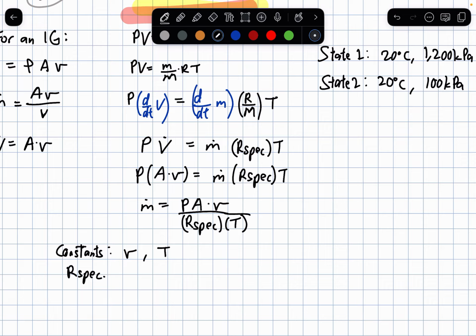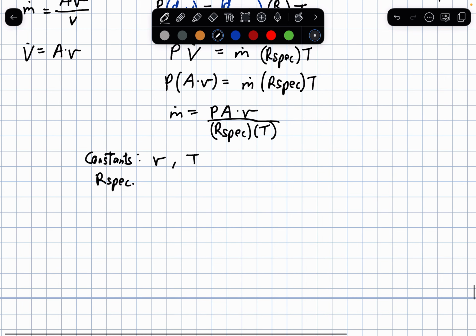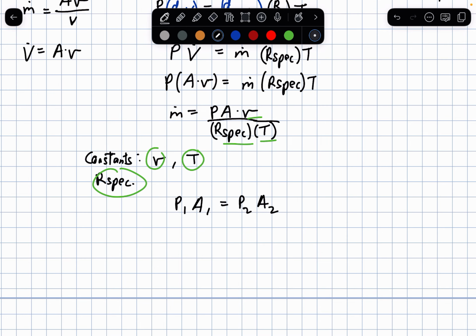No, it's pressure and area that are not constant. So P1 A1 equals P2 A2.